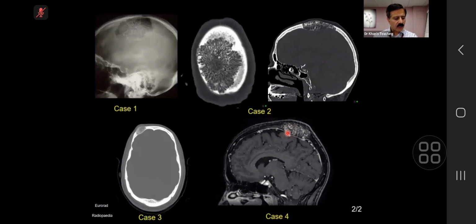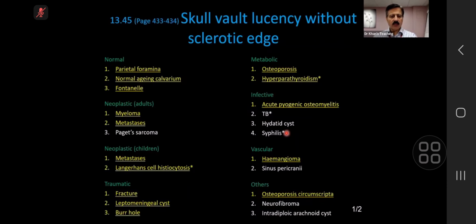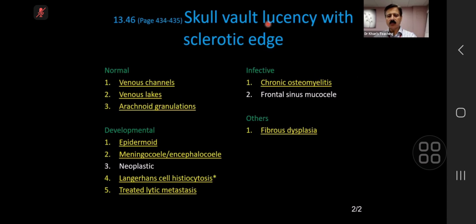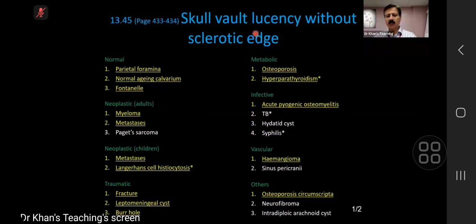The point of discussion here is that in your CNS in the Chapman, there is a differential diagnosis for skull wall lucency with sclerotic edge, and second one is skull wall lucency without.